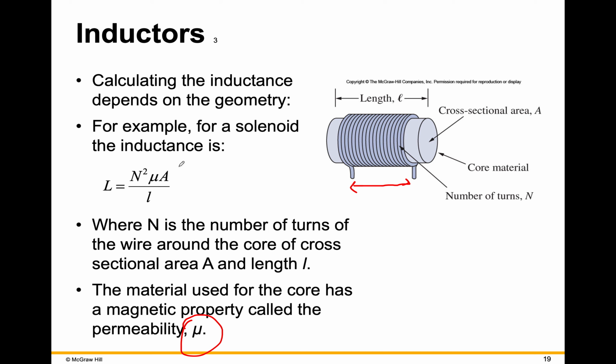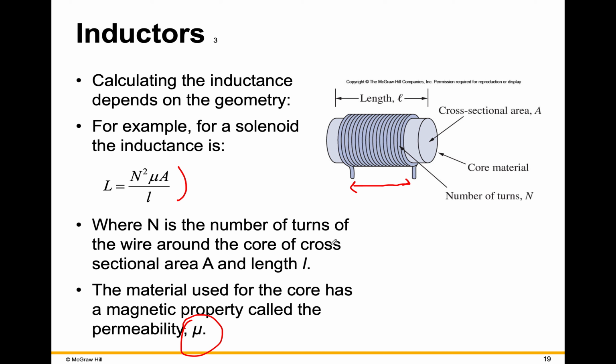If you calculate the inductance there, L is N squared mu A over L. For air, mu becomes mu naught, which is a constant. N is the number of turns, so in other words, the number of times the wire's wrapped around the core. The cross-sectional area is A, the length is L.